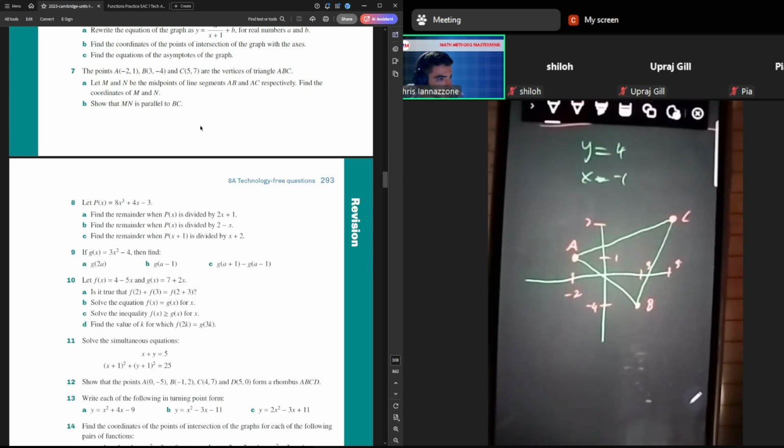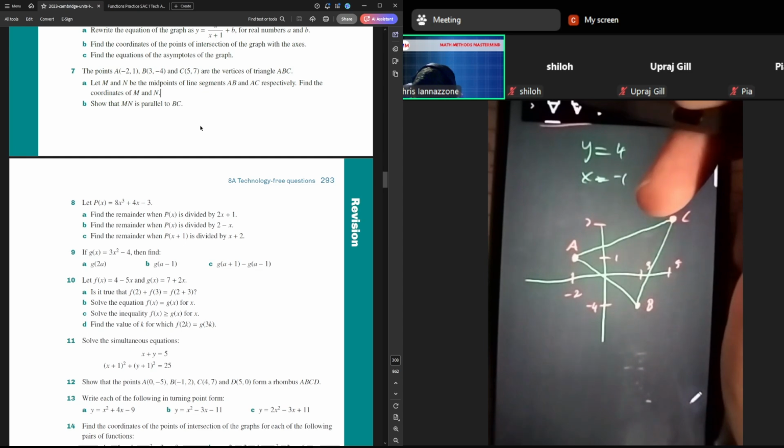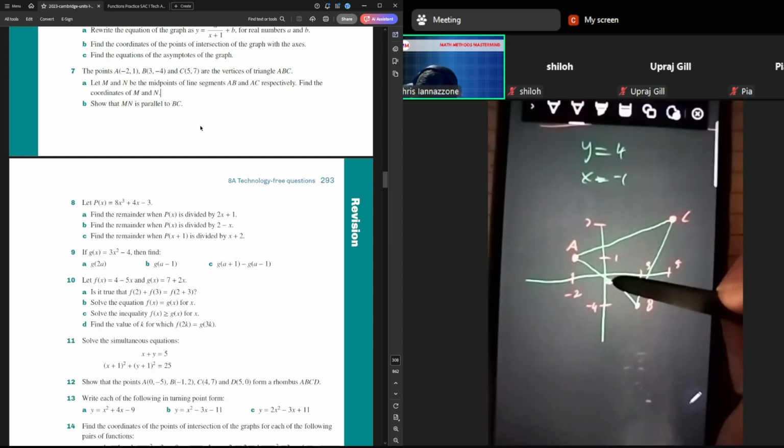Okay, so that's the plot of the points there. It then says M and N are the midpoints of AB and AC, respectively. So this would be considered AB, and so M should be the midpoint there. My drawing isn't to scale, so it may or may not be left or right of the y-axis.